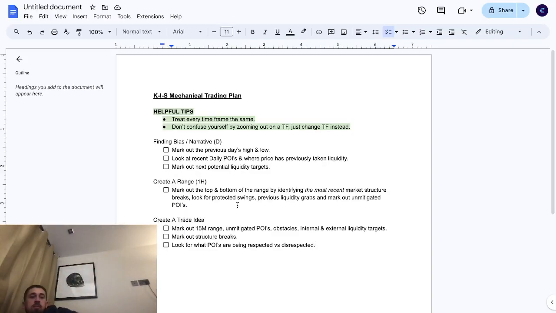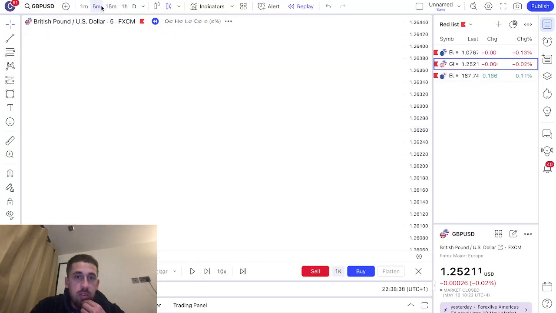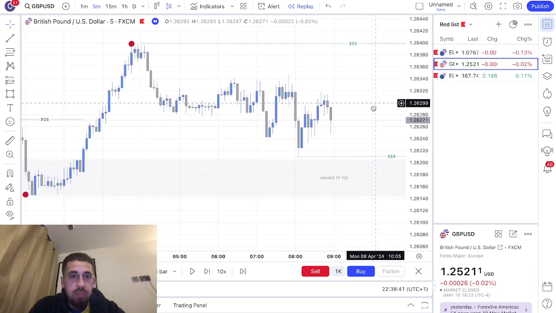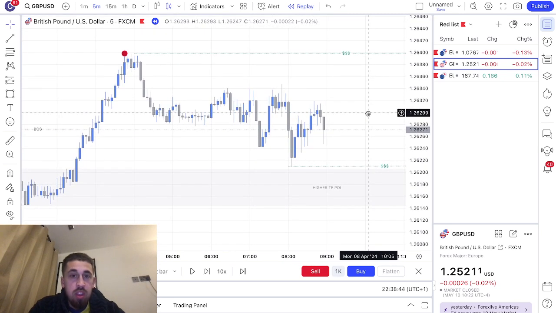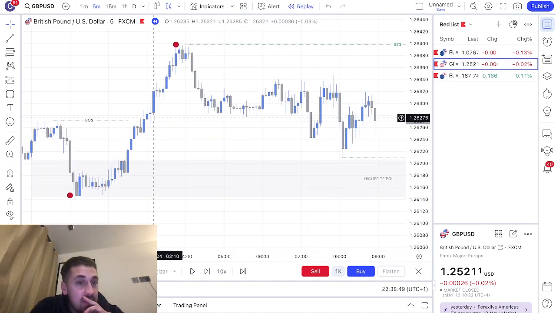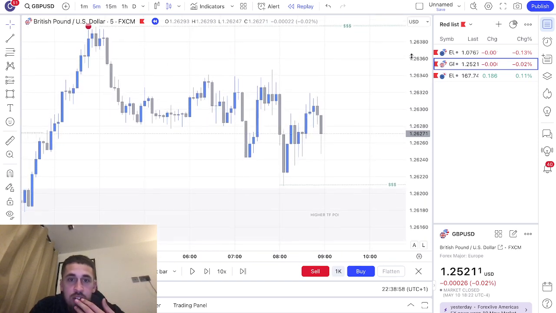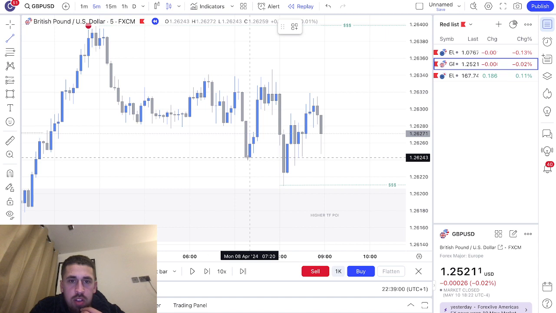So then we drop to the 5. Can we do the same thing? So there's the 15-minute break structure, but then we can again just zoom in and we can do 5-minute breaks.